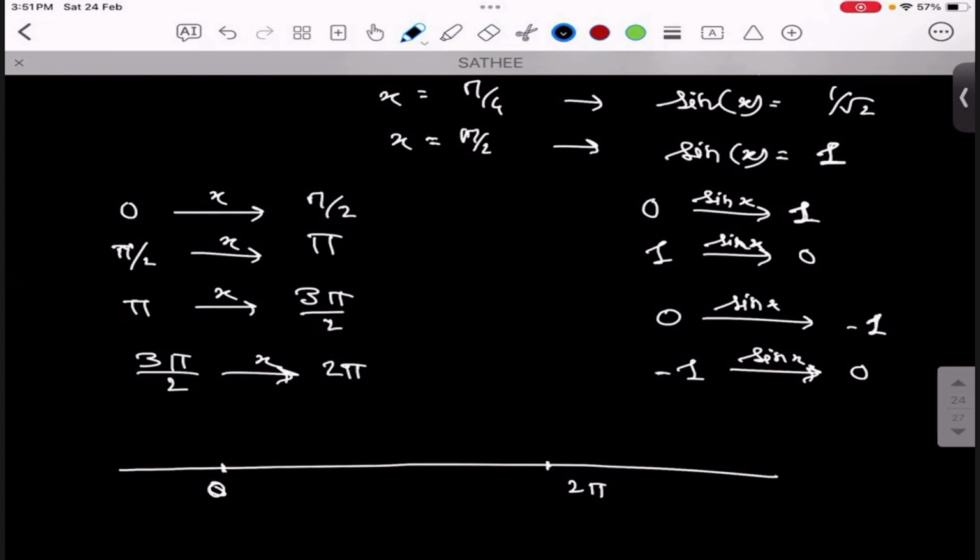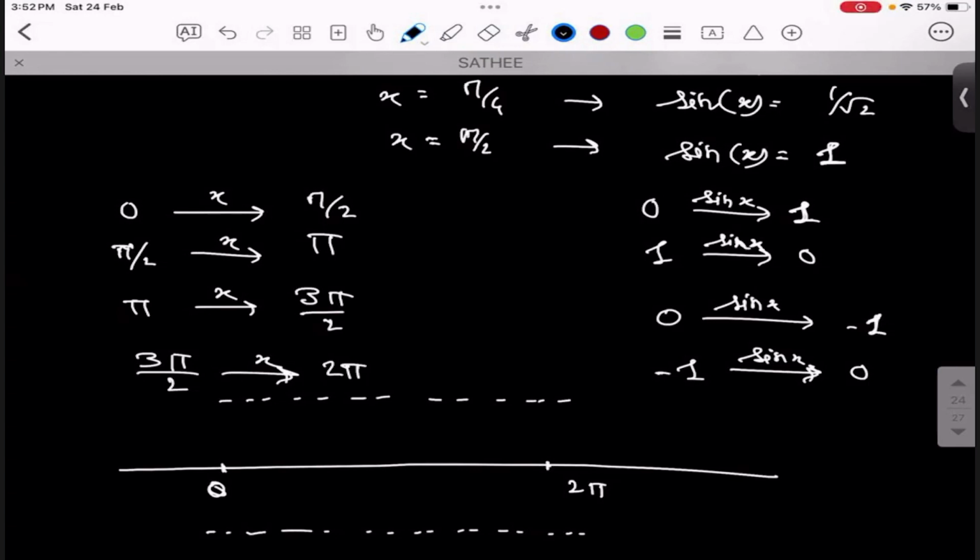This is the range where y is 1, and this is the range where y is minus 1. So the graph of the function cannot exceed these two limits.